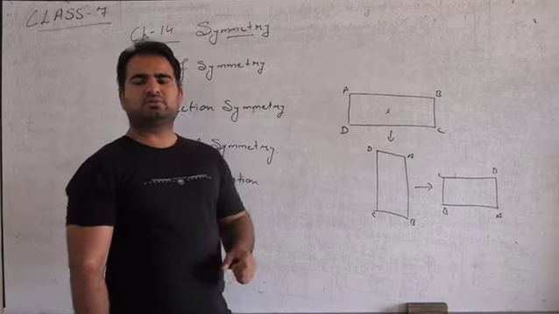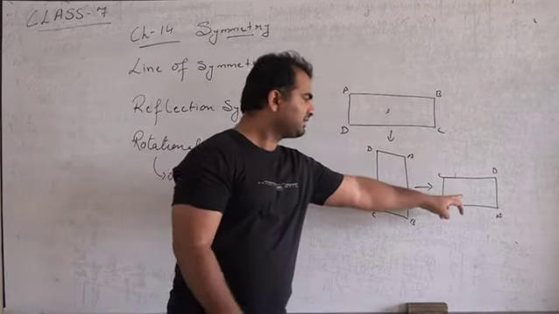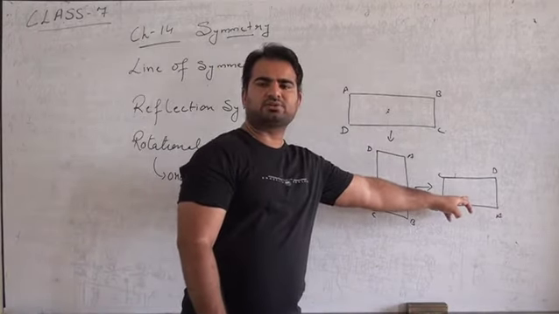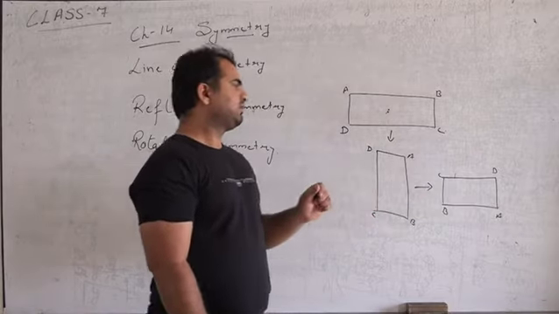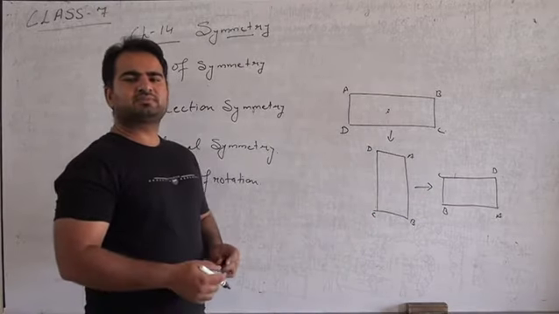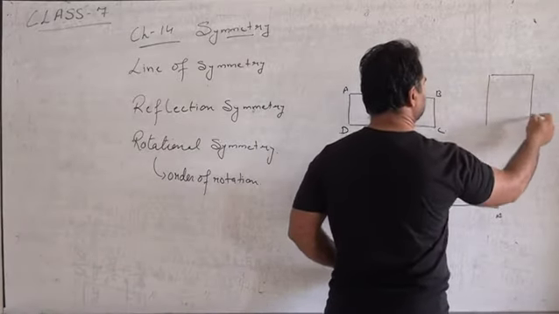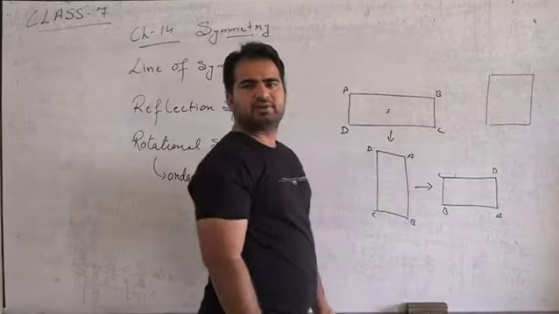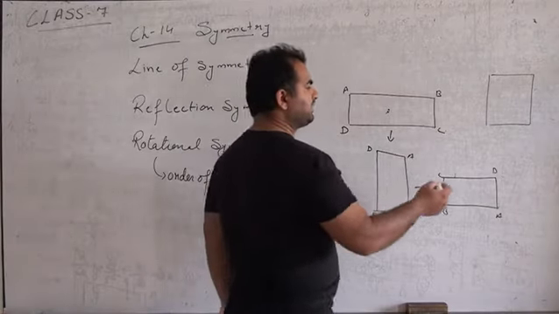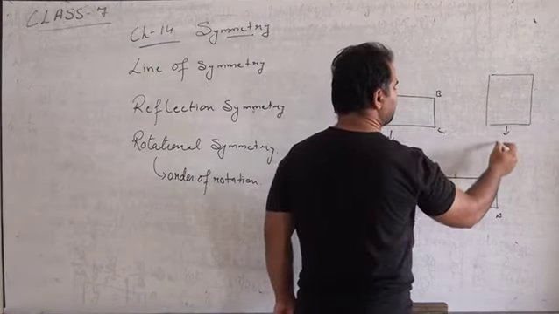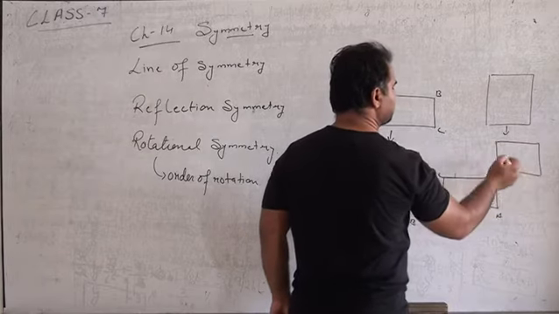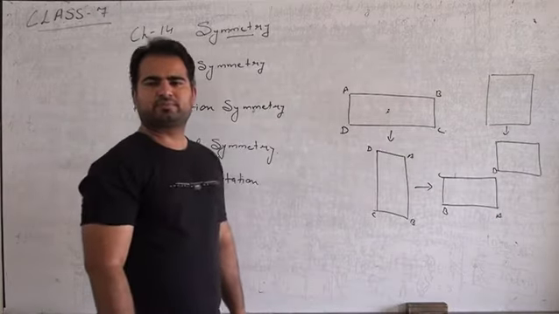So it is having rotational symmetry. Yes or no? Yes. What about other objects? Like if we have a square and I rotate it 90 degrees, what will I have? We will also have the same square.